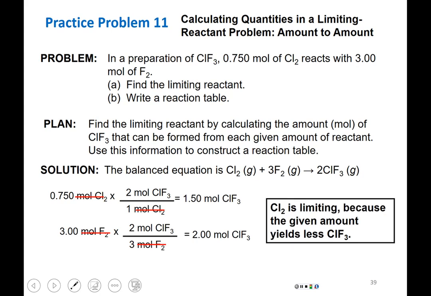The balanced equation is Cl2 plus 3F2 goes to 2 ClF3. Okay, so that would be the first step. And that's really the first step of any chemical problem, is you have to make sure you have a balanced chemical equation. Right.